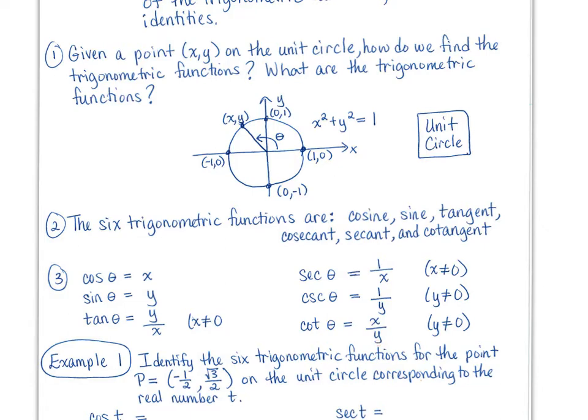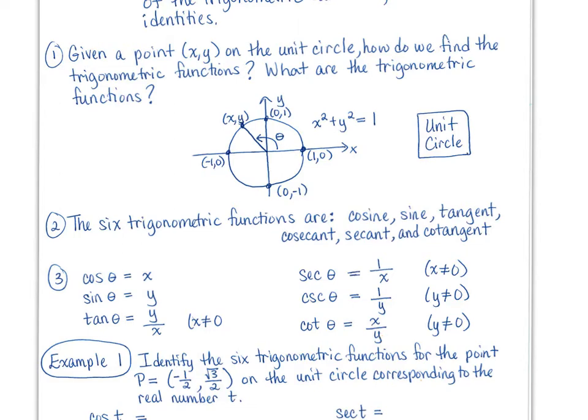One thing that you may want to write out additionally is that tangent of theta is equal to sine of theta over cosine of theta. Secant of theta is 1 divided by cosine of theta. Cosecant of theta is 1 divided by sine of theta. And cotangent of theta is equal to cosine of theta over sine of theta.